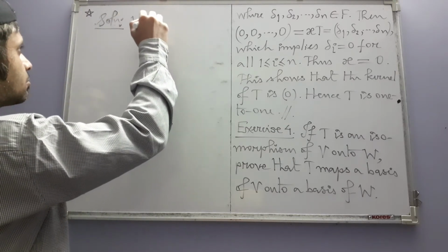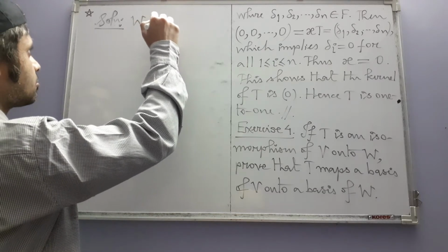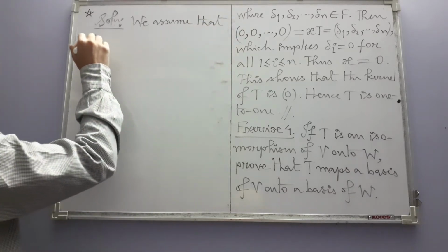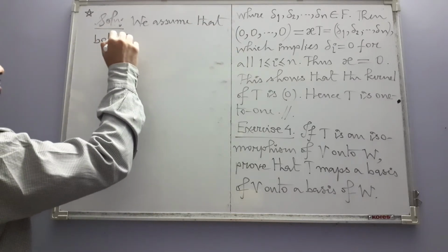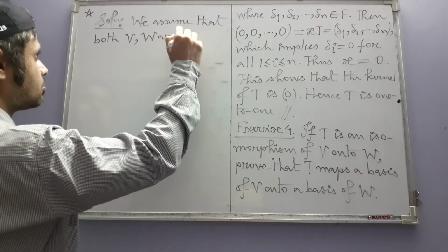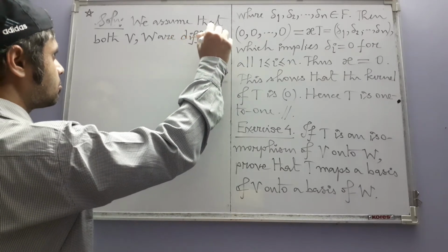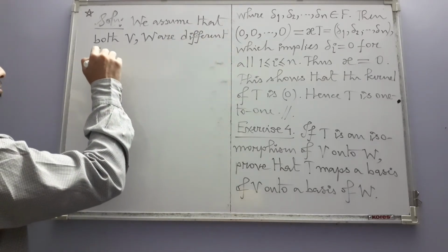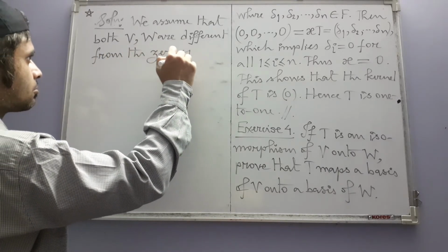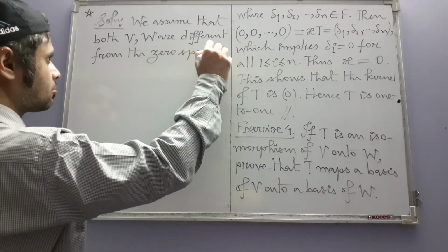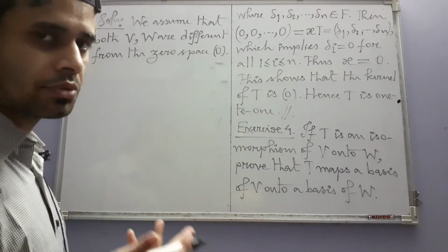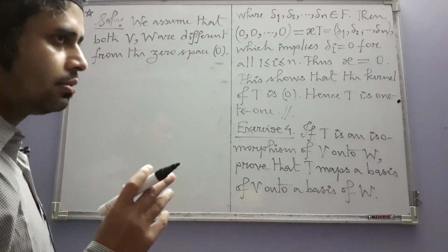Assume that both V and W are different from the zero space, so that the bases of V and W, whatever bases we have, none of them will be empty.